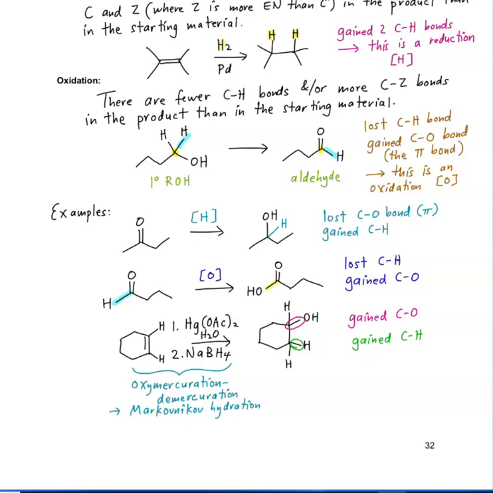And because you have one of each, this is neither an oxidation nor a reduction. So the take-home message there is that not all reactions can be classified as oxidations or reductions, but now we know how to classify the ones that can be.